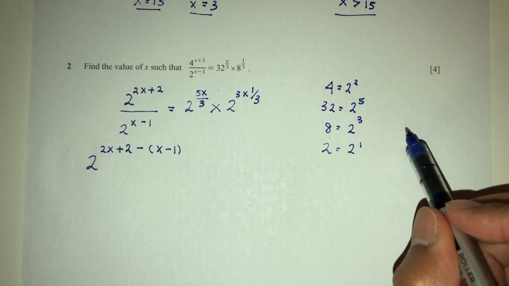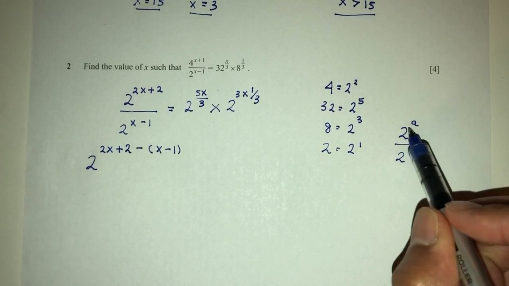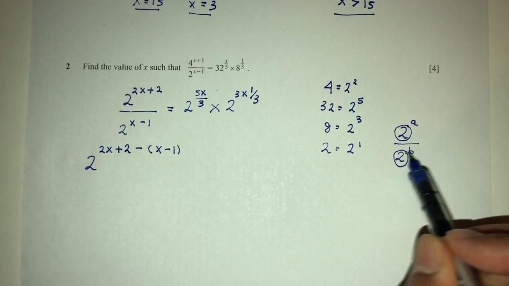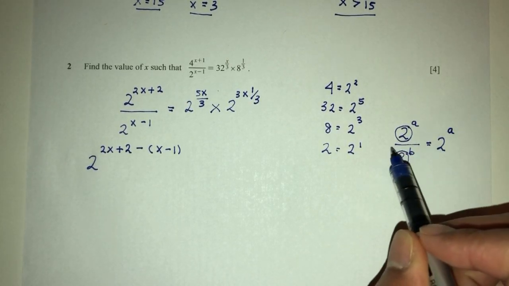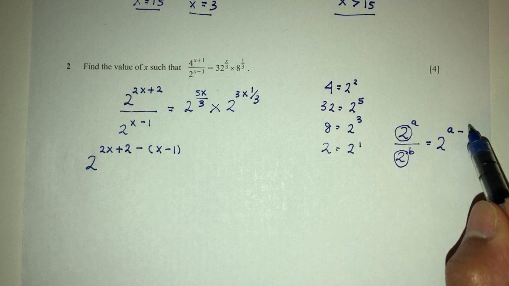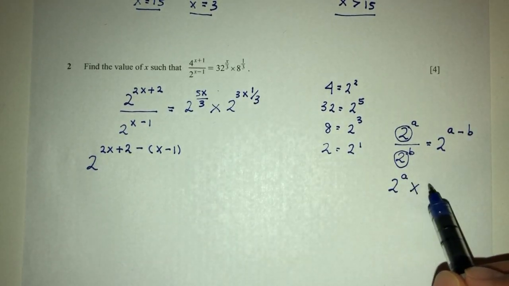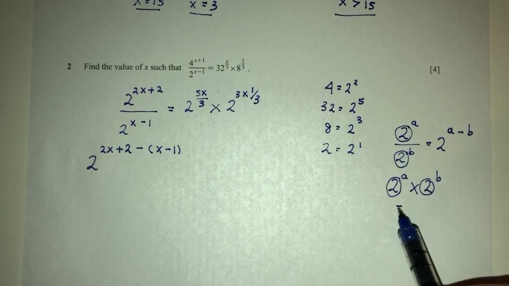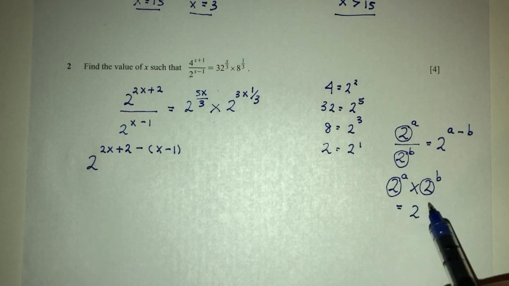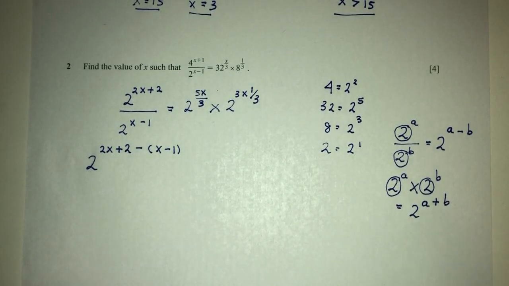For example, if you had 2 power a divided by 2 power b, because they have the same base, we can combine them. Here we have a, and because we have divide, it becomes minus the power b. Same way, if you have 2 power a multiplied by 2 power b, because we have the same base, we can combine them. So 2, here we have a, multiply becomes plus b. So that is the laws of indices that we have to know for those kind of questions.